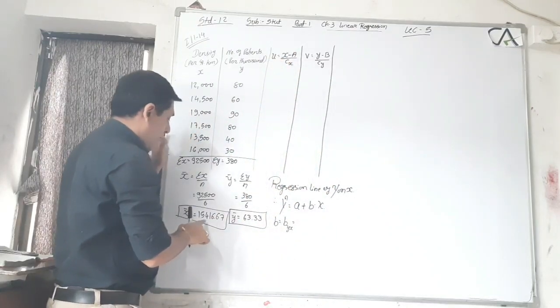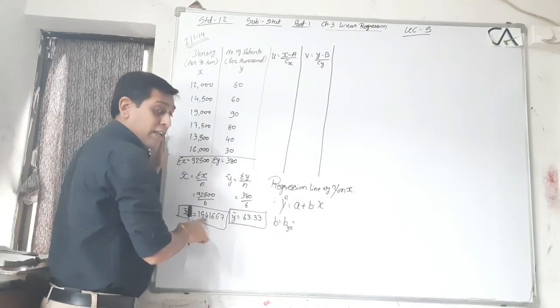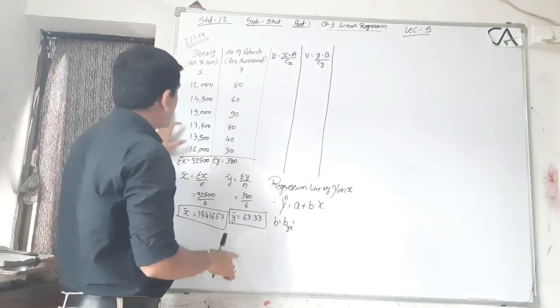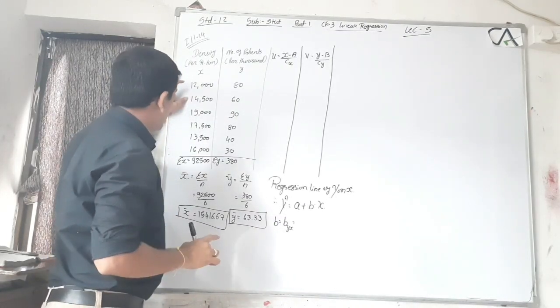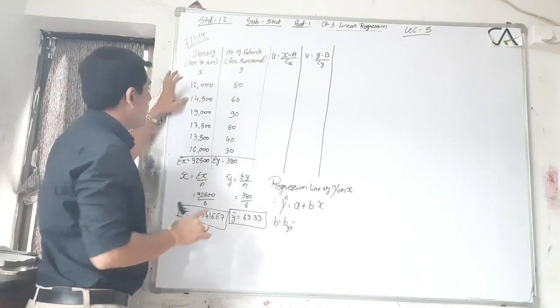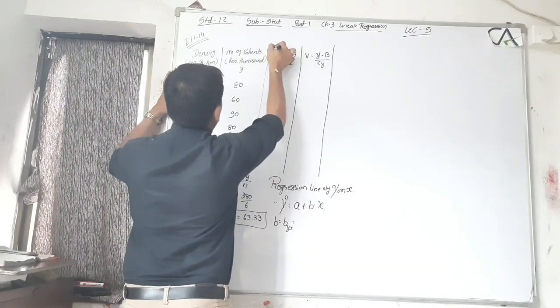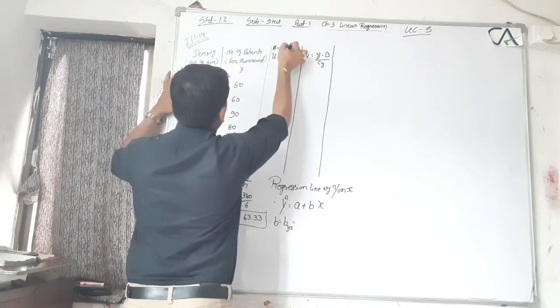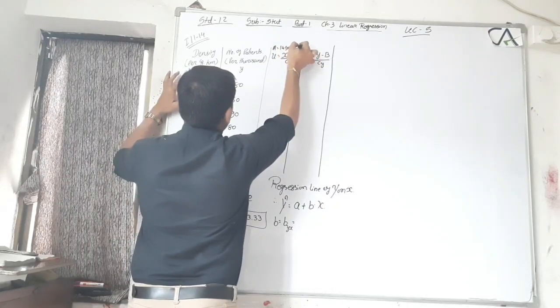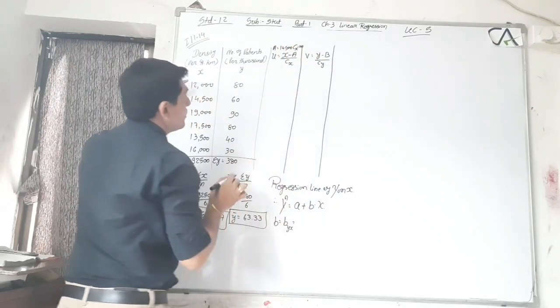And what is your x bar? 15,400. Nearest to that is 14,500, so a is equal to 14,500, and cx is equal to 100.